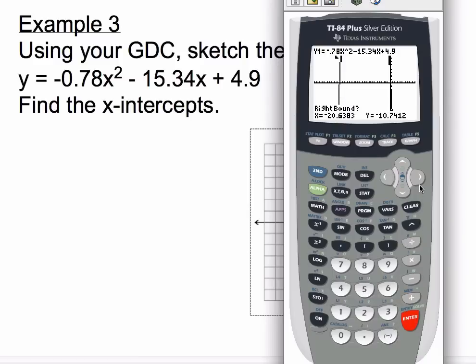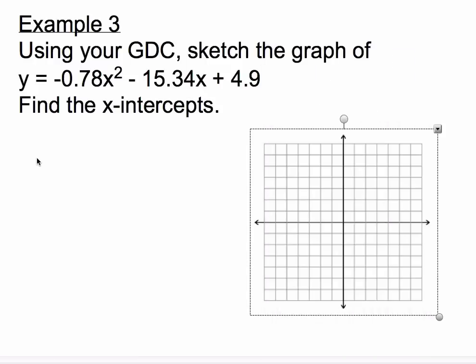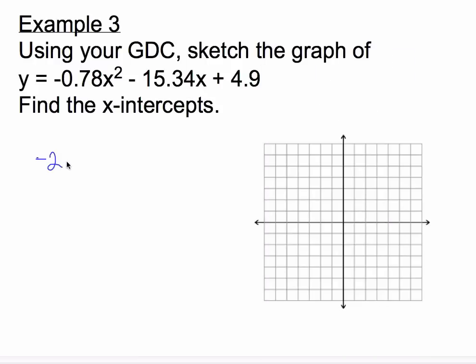I'm going to press enter. And where am I right now? Where's my cursor? Okay. So I'll just press enter here, and then my guess will be right here. Okay. So it's about negative 20. So the first one is going to be negative 20.